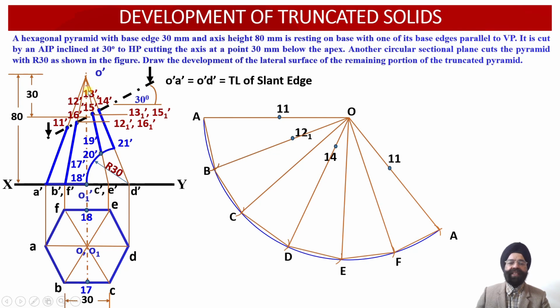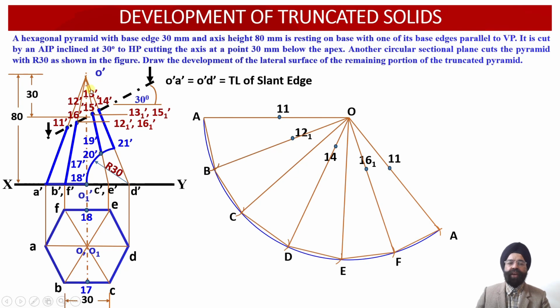Rather, we will be measuring the distance of the true length over here from the point O dash. Once we measure this distance O dash 12-1 dash or O dash 16-1 dash, onto the slant edge OB this distance will be plotted. We will be evaluating point 12-1 over here. Onto the slant edge OF the same distance will be plotted over here, so we'll be able to obtain the point 16-1. The next 2 points are points 13 and 15. Once again, we are not going to mark this apparent length distance onto OC and OE.